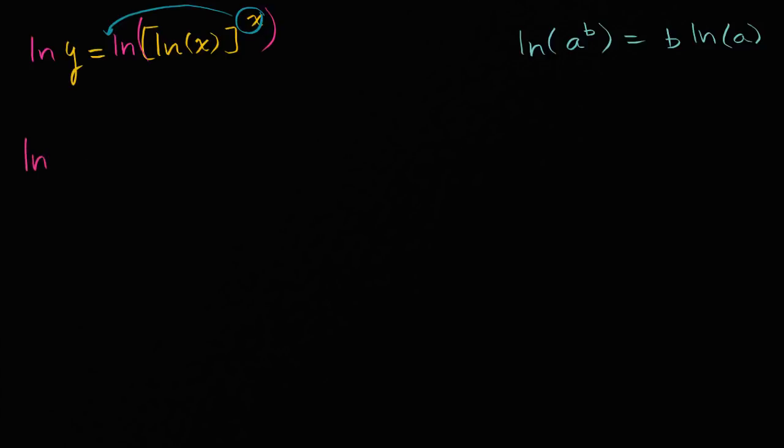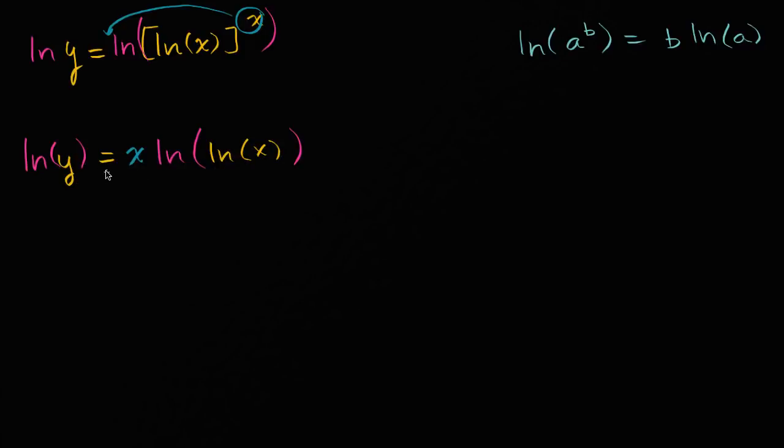We get the natural log of y is equal to x times the natural log of the natural log of x. So there you have it. By just taking the natural log of both sides and using this logarithmic property, we were able to get that.